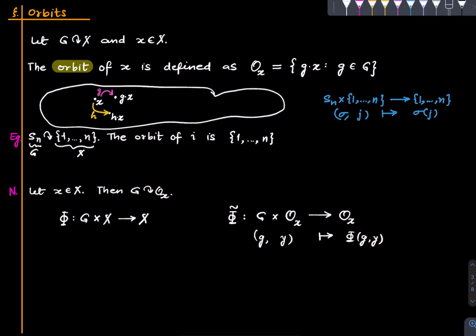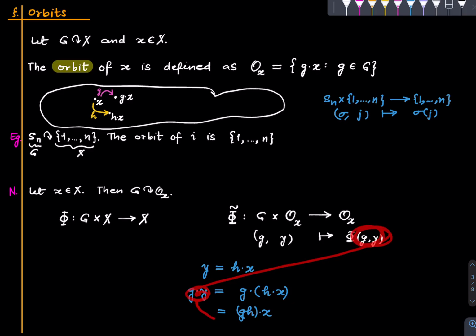If little y is in the orbit of X, it means little y equals H dot X for some H in G, and G dot Y would then be G dot H dot X, which is GH dot X. So G dot Y, which is really that guy, is an element in the orbit of X. So you pick anything in the orbit of X and hit it by a group element, you get again something in the orbit of X, and that is why this action restricts to another action.